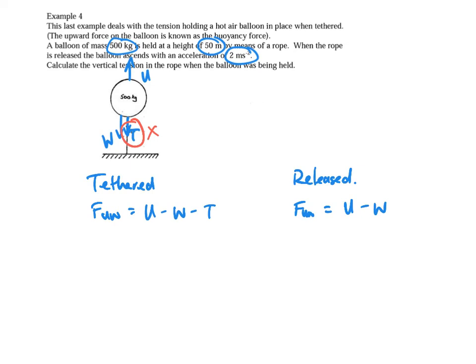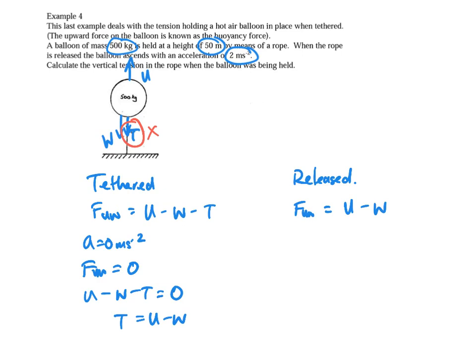When it's tethered, the acceleration is 0, and therefore the unbalanced force equals 0. So U minus W minus T equals 0, or rearranging it, T equals U minus W.